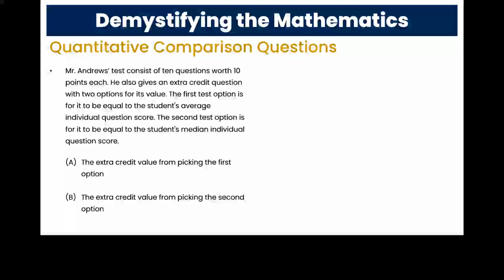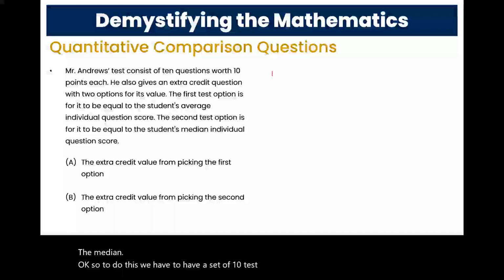Student's average individual score. What is the second option? The median.